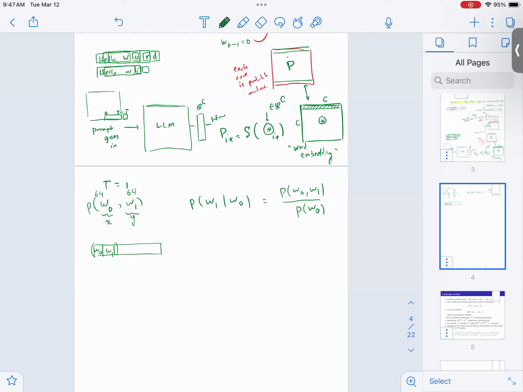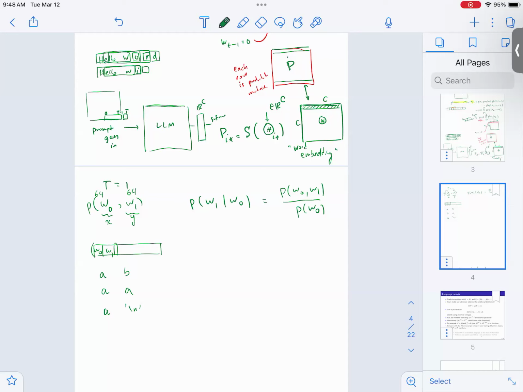I'll observe all the possible cases: A for the first one and B for the second, A and A, A and some other character. You have a table of 64 by 64, and then you count how many cases you observe, divided by the total number of pairs.